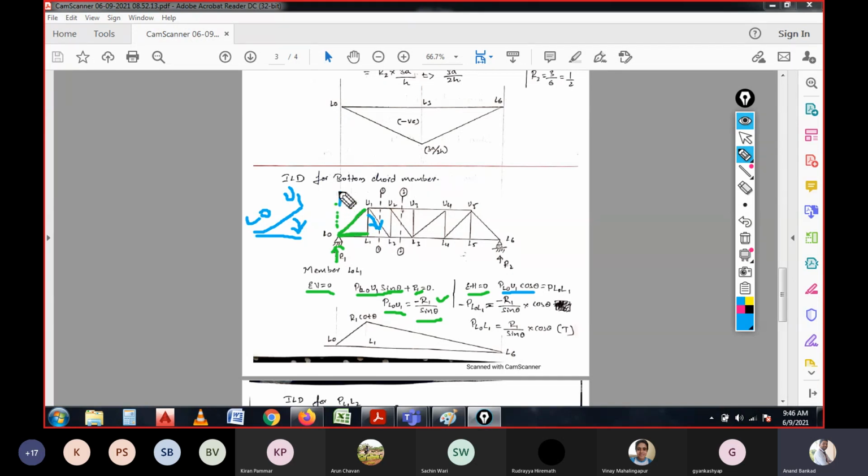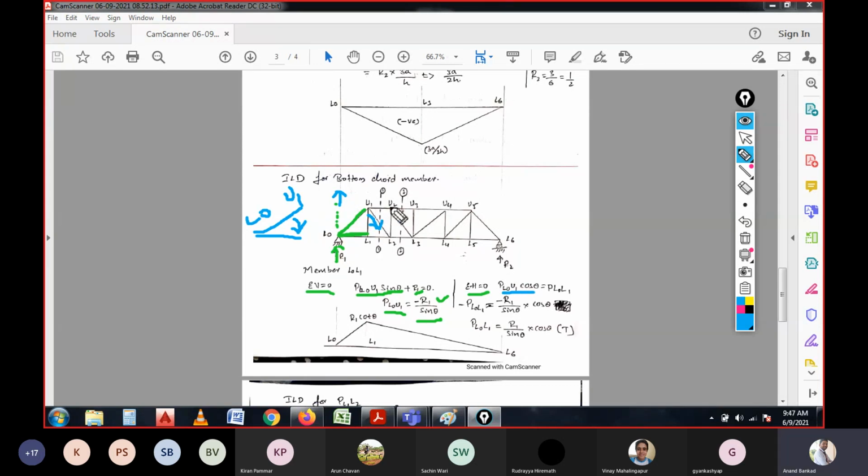Here we have resolved to vertical, and that is P L0 U1 sin theta. And here we are resolving for horizontal, because we are now calculating for L0 L1. So L0 L1 will be having the horizontal force P L0 U1 cos theta, right?